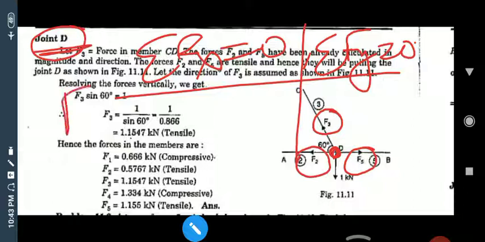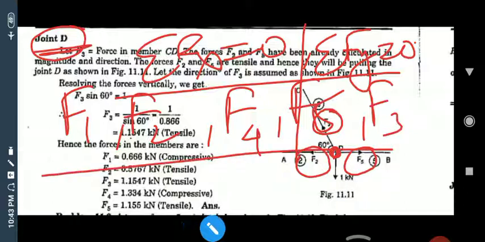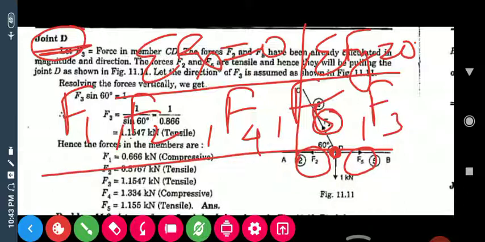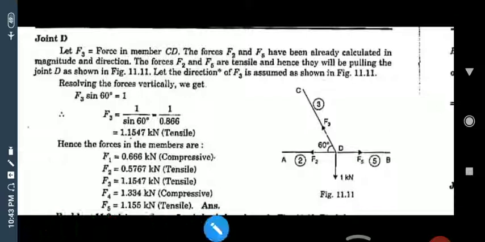So we have obtained F1, F2, F4, F5, and by considering equilibrium of joint D, F3 will be obtained. So we obtained forces in each and every member of the truss. This is how the method of joints works.